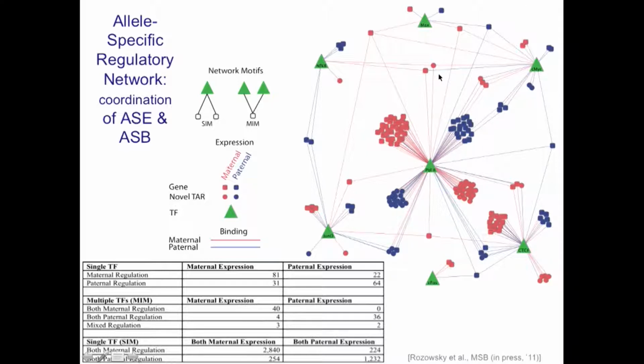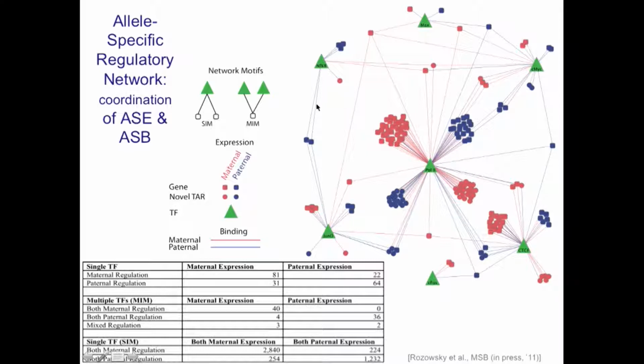And you can kind of see in the picture that you tend to get a consistency effect. If you tend to have red lines going into a node, not always, it usually tends to be red. So if you have allele-specific binding maternally, it's associated with allele-specific expression, that part of the chromosome's on. Not always. You see here, for instance, one where you have a blue line going into a red node. Not always.